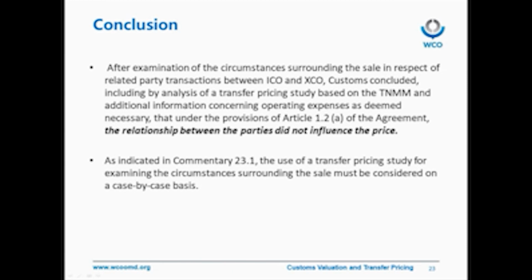Customs draw this conclusion with the help of the information from the transfer pricing study.